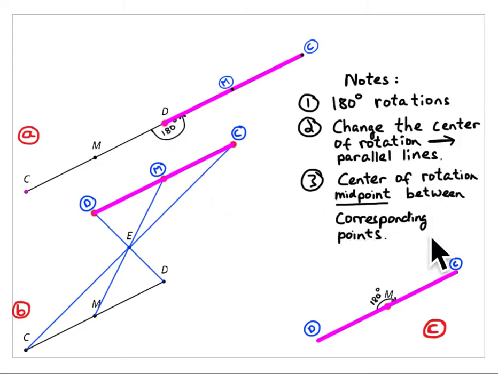And the center of rotation is the midpoint between the corresponding points. So these are the corresponding points. Center of rotation is the midpoint. And the corresponding points, M to M, the center of rotation is the midpoint between them. C to C, the center of rotation is D, the midpoint between them.